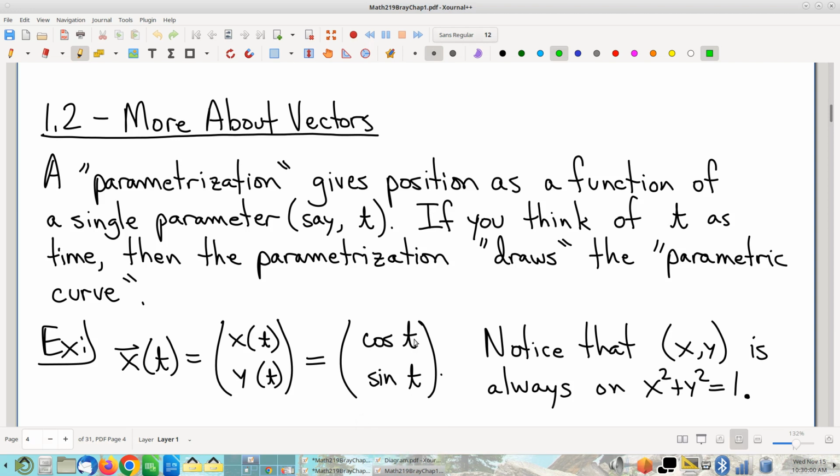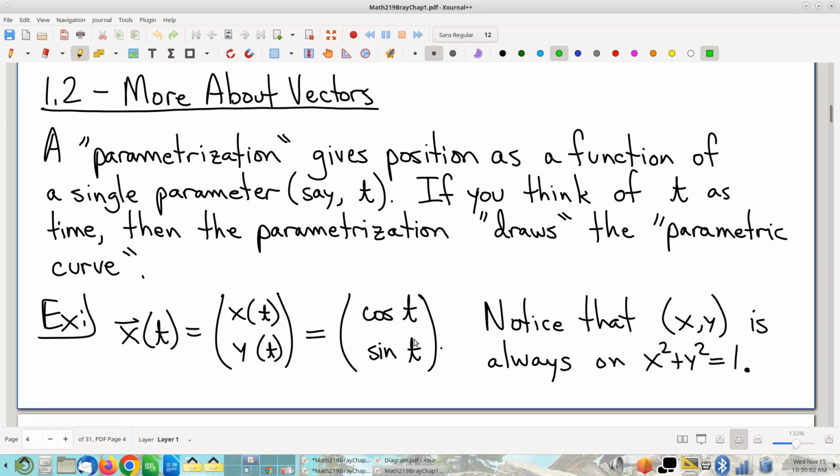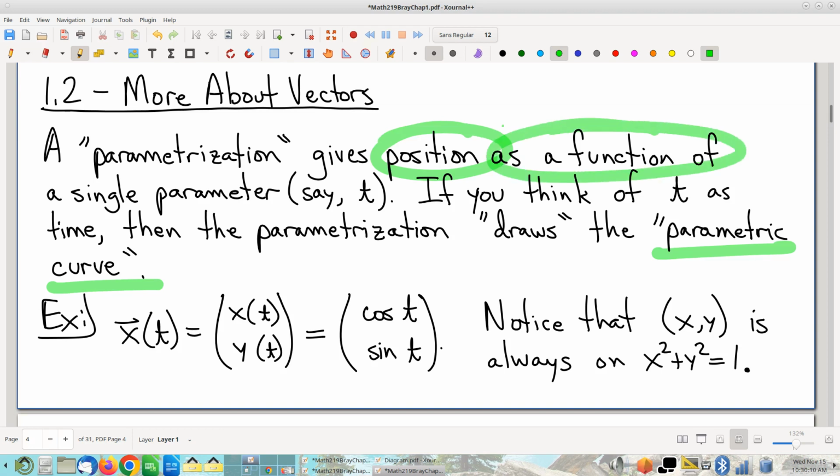Here you notice section 1.2, and we talked about a parametric curve, right? A parametric curve is where you have position as a function of a single parameter. We like to think of that as being time, but it doesn't have to be. The point is position as a function of one parameter, and then you get a one-dimensional curve.